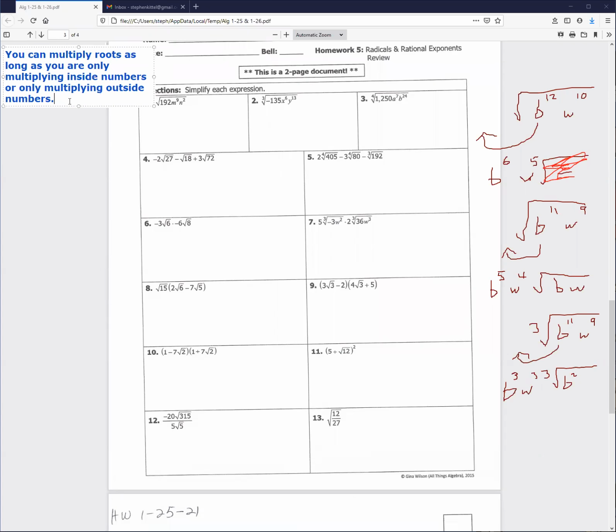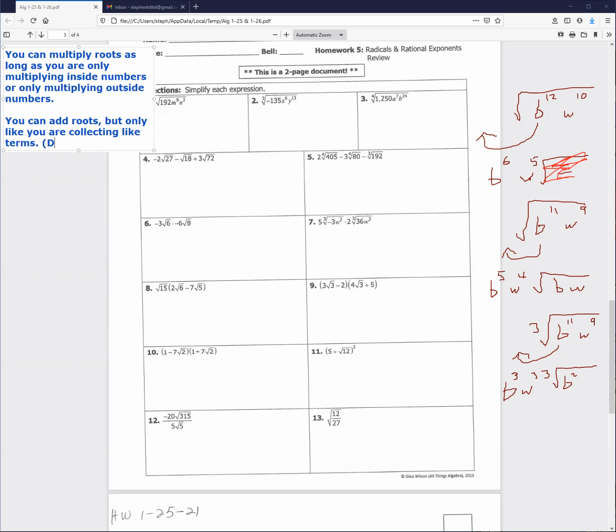You will see that in action soon enough. You can add roots, but only like you are collecting like terms. So you cannot add the inside numbers. Do not mess with the inside numbers. And we're going to see what I mean by that in a second as well.